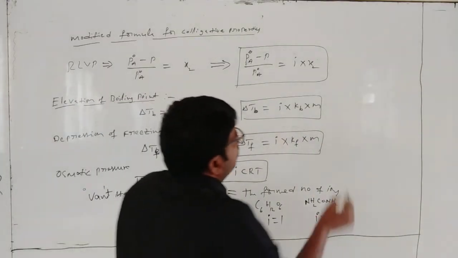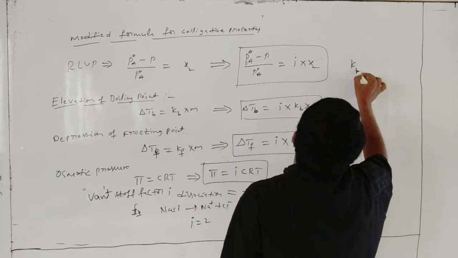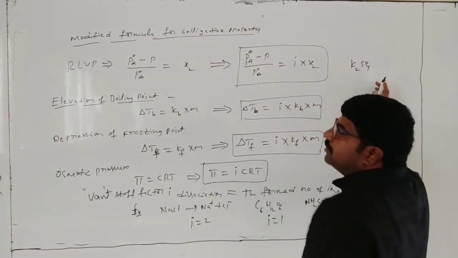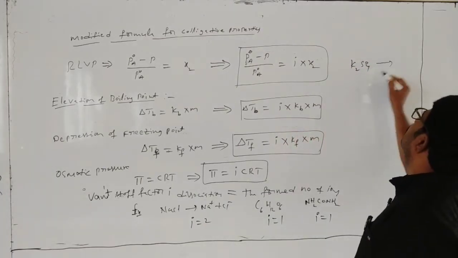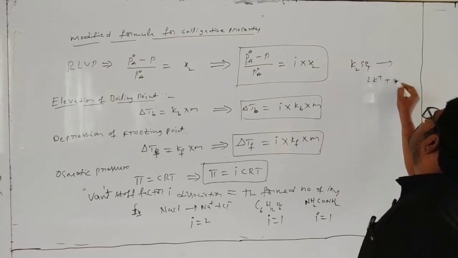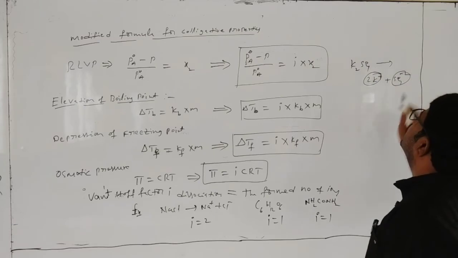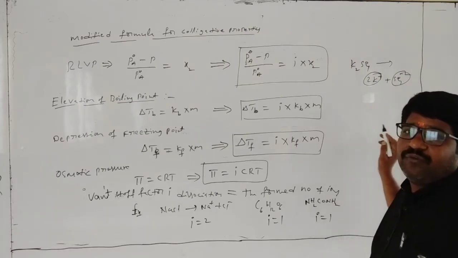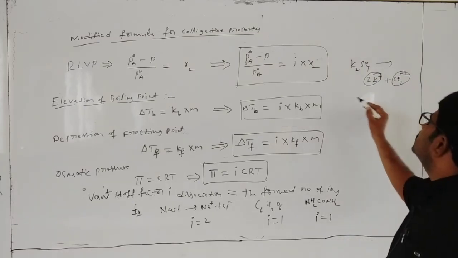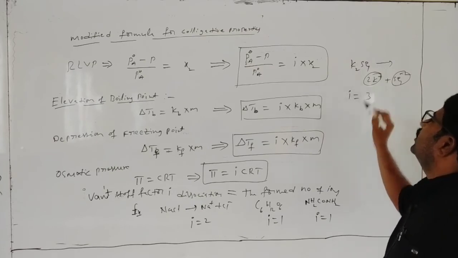For example, K2SO4. It gives 2K plus and SO4 2 minus. Here 2 K plus and 1 SO4 2 minus. How many ions are produced? 3 ions. So i is equal to 3.